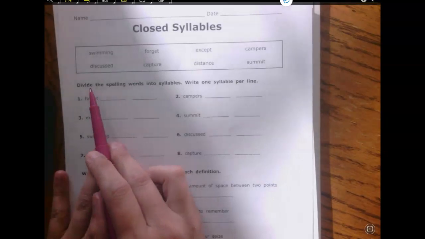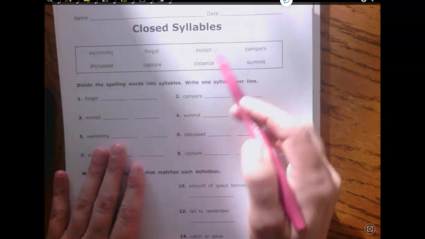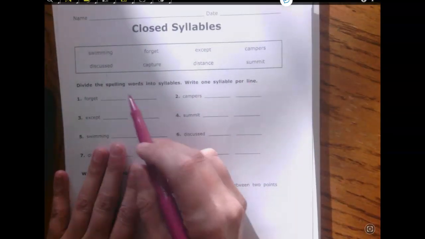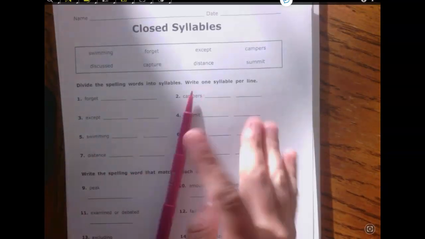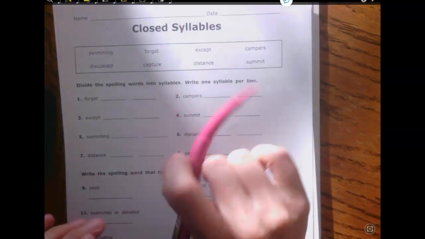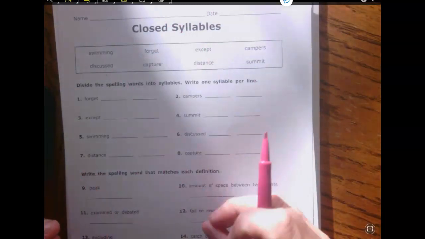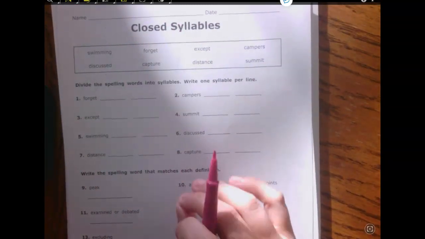So we're going to divide these spelling words into syllables, and you're going to write one syllable per line. The easiest way to find the syllables is to find where there are two consonants next to each other.